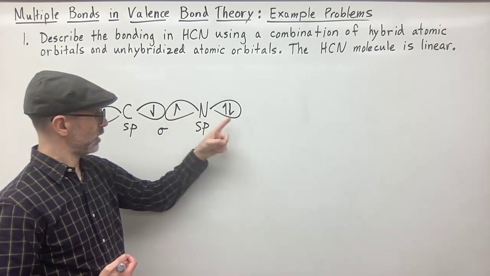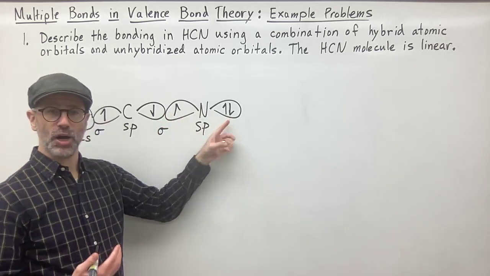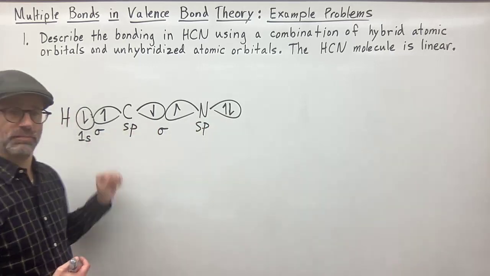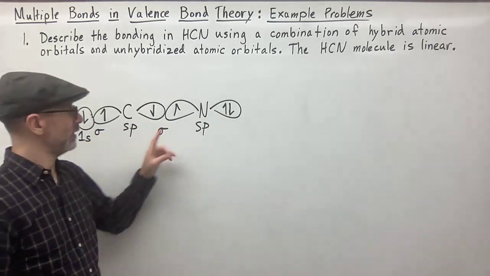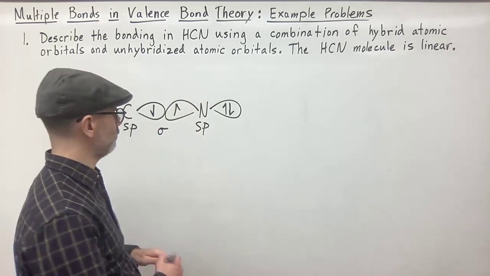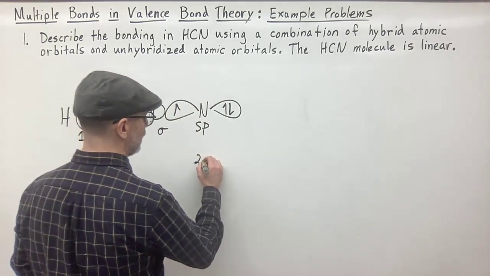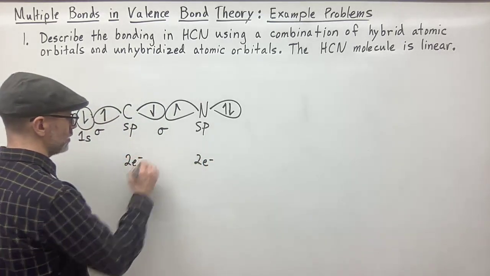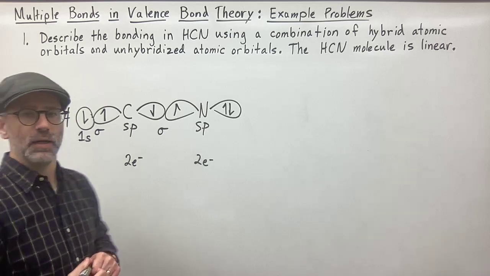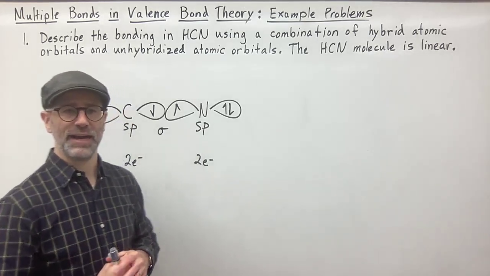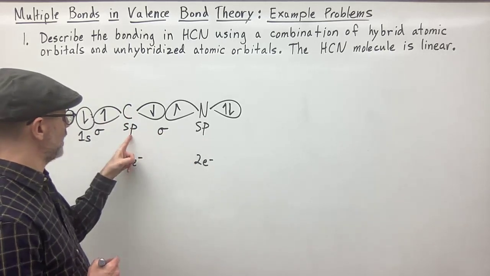We use 3 of them here in our sigma bonding, our hybrid orbitals. So that leaves 2 valence electrons left over for nitrogen, and 2 valence electrons left over for carbon. Now, let's think about the unhybridized orbitals that we have left. This is sp hybridized.